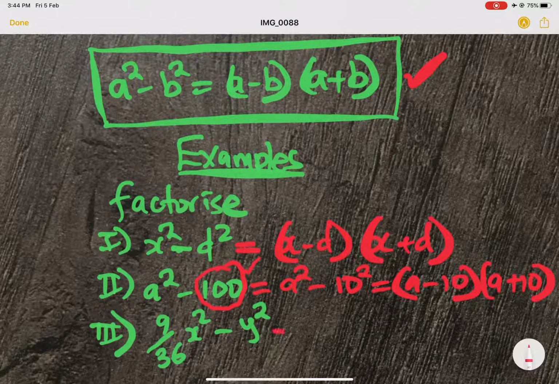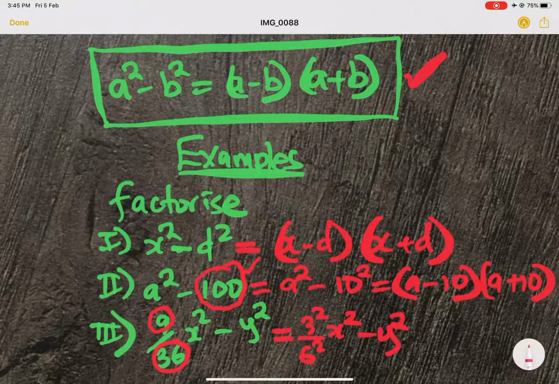The third one is also very simple. We are using difference of two squares. So 9 can be written as 3 squared, over 36 can be written as 6 squared, because 6 times 6 is 36. Then we have x squared minus y squared.